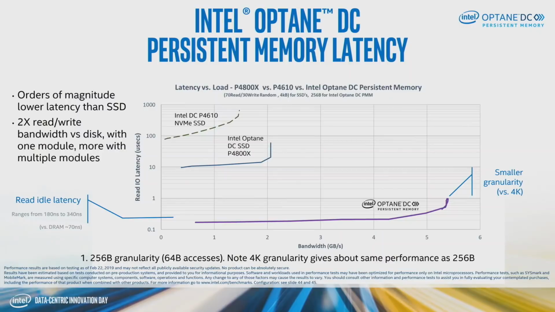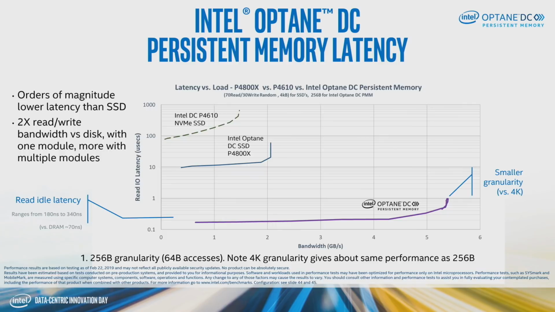Okay, so we looked at bandwidths. This is a similar chart, same example, 18 watt, 256 gig DIMMs. And the way to read this graph is going on the x-axis, this is the bandwidth. And if you look at the purple line there, that is the persistent memory module. And if you follow all the way out, the bandwidth goes out to just a little bit above 5 gigabytes per second, which was the same as the previous table.